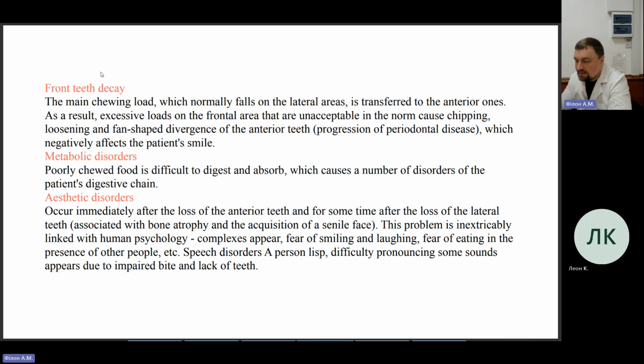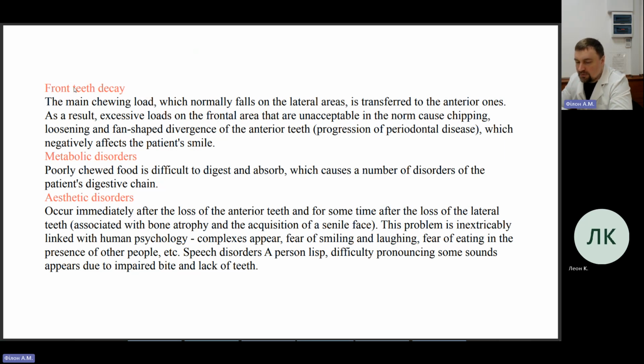And with moving of the teeth, in a while the patient can lose them later. As a result, excessive loading of the frontal area beyond the acceptable norm causes chipping, loosening and fan shape, divergence of the anterior teeth, progression of periodontal disease, which negatively affects the patient's smile. I think it's clear.